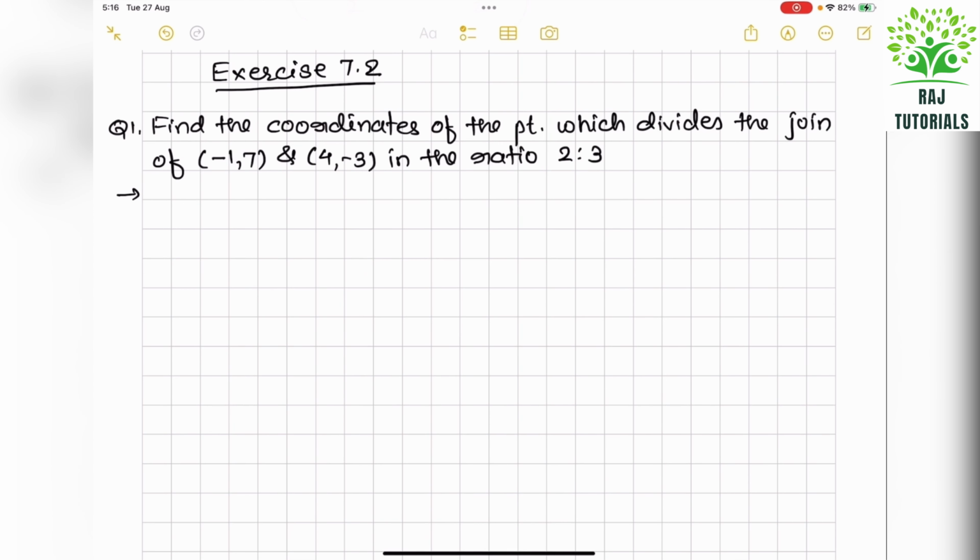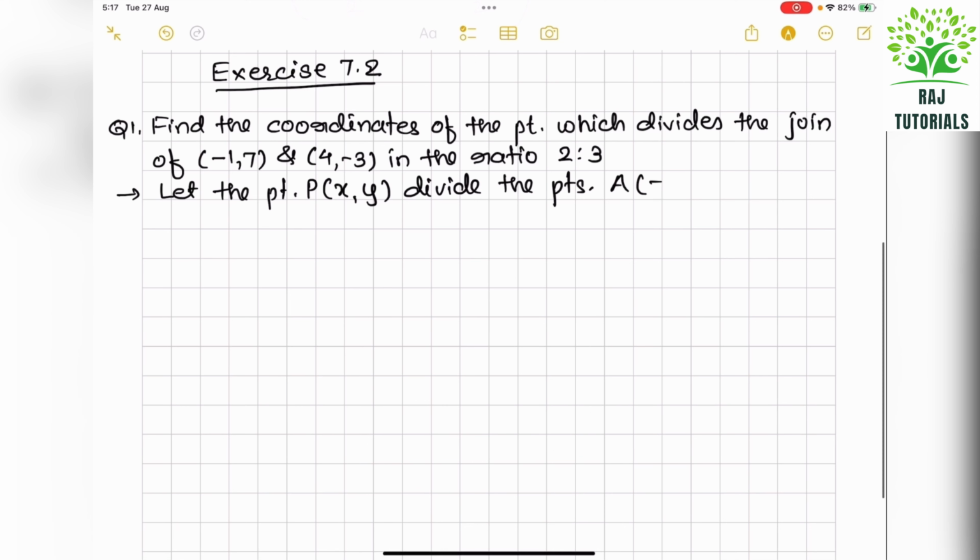Now the first question says find the coordinates of the point which divides the join of (minus 1, 7) and (4, minus 3) in the ratio 2:3. So let the point P(x, y) divide the points A(minus 1, 7) and B(4, minus 3) in the ratio m1 is to m2 equal to 2 is to 3.